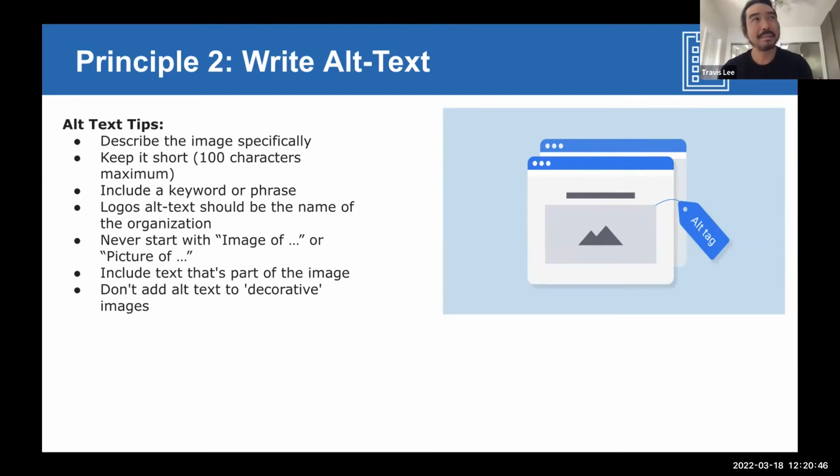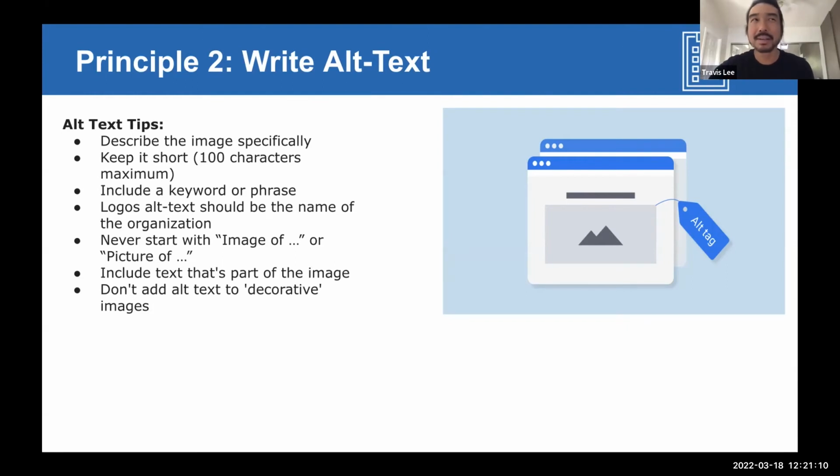If there's a picture of Joe Bruin at the Rose Bowl at the UCLA versus Stanford football game, you wouldn't put bear as the alt text. You would say Joe Bruin at the Rose Bowl, something like that. So be specific about what the image is of, and the more specific, the better.